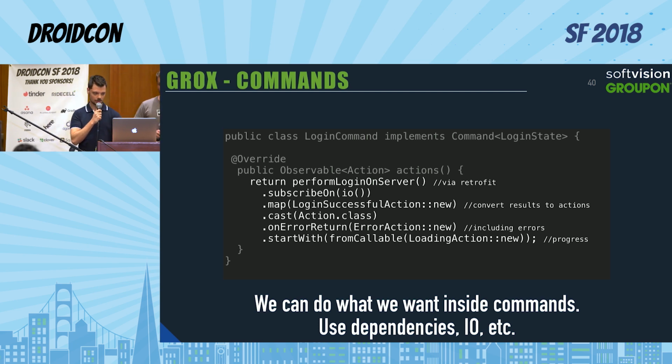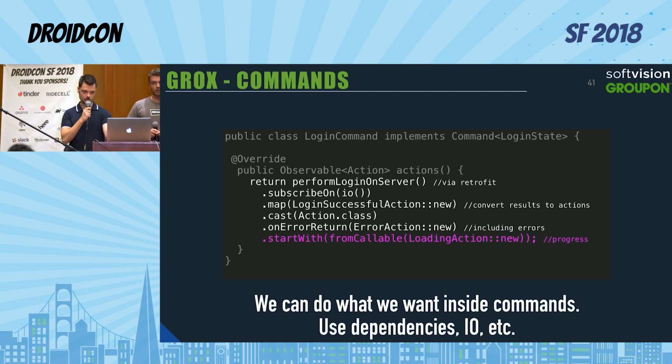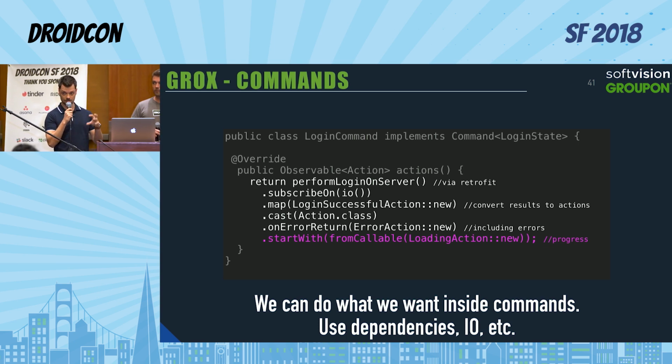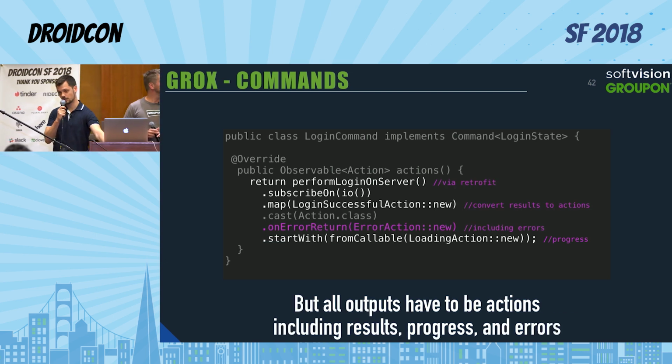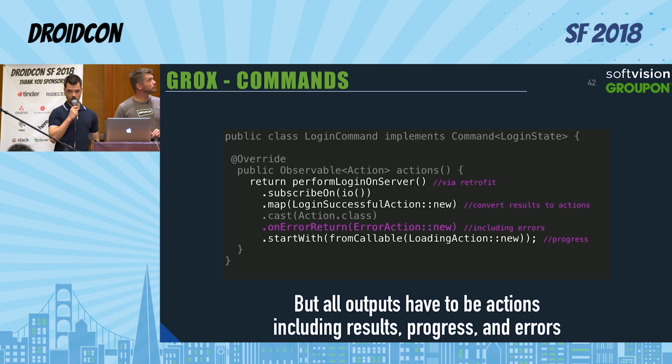But the important thing, as you can notice, is that we start with a loading action. So even for the start of the request, we have a clear state. So the UI can react to it and display a loading spinner or something. Also, another important thing is that we do the same even for errors, right? So even for errors, we handle the error and we turn it into an action.